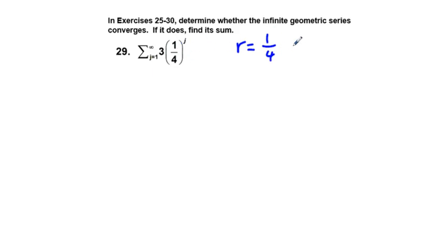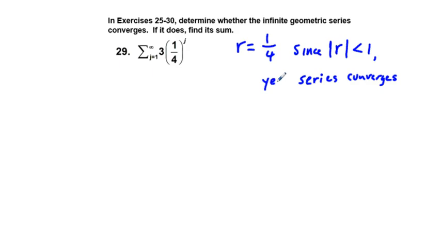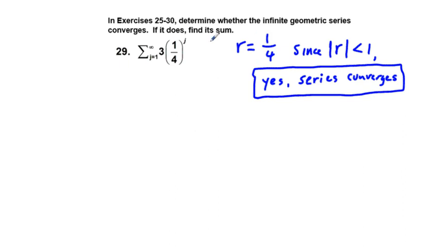Since the absolute value of R is less than 1, we say the series converges. That's part 1 of our answer: yes, the series converges. Then, if it does, find its sum.